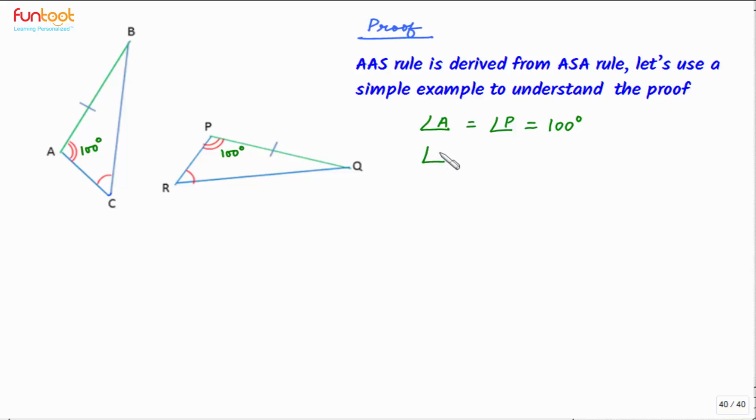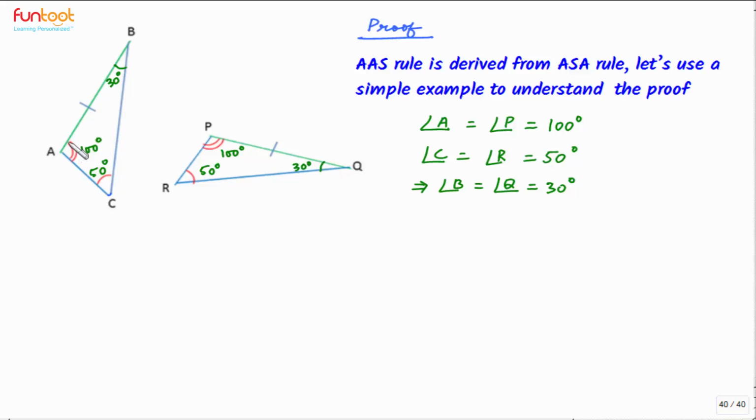Similarly, let angle C equal to angle R equal to 50 degrees. So this angle is 50 degrees, and angle R is also 50 degrees. This implies angle B is equal to angle Q is equal to 30 degrees. So that means if this angle is 30 degrees, then this angle also is 30 degrees.